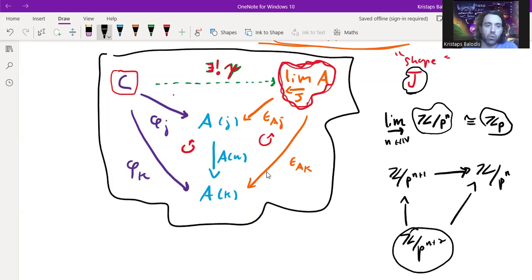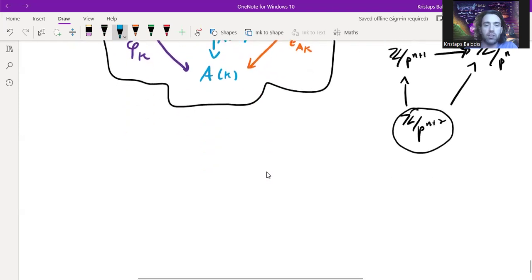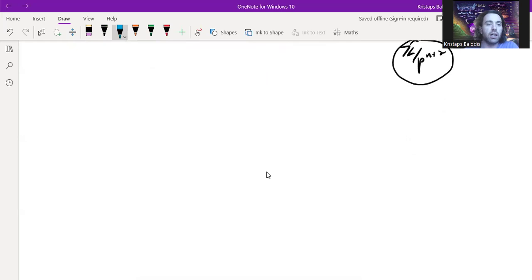Maybe just quickly one example, which is actually abstract. Let J be the discrete category, so it's just the category with two points, say A and B, and no other morphisms.